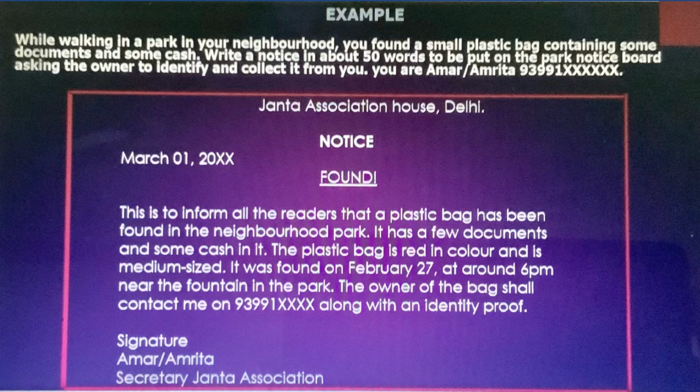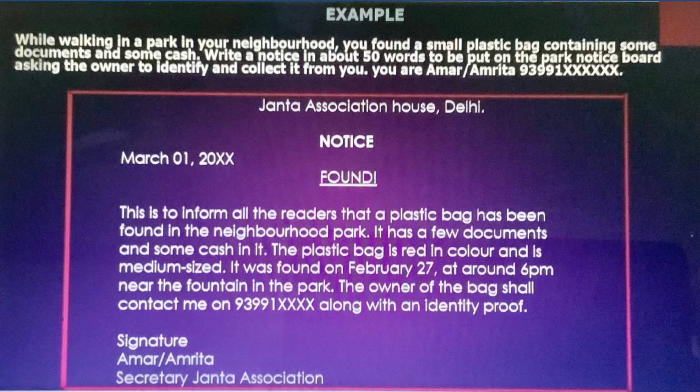You'll either write Amar if you're a boy, and if you're a girl, you write Amrita, and then you sign it. Then you write your designation, that is secretary. Though the designation is not given in the question, I have just written a hypothetical one there. You can also do that.